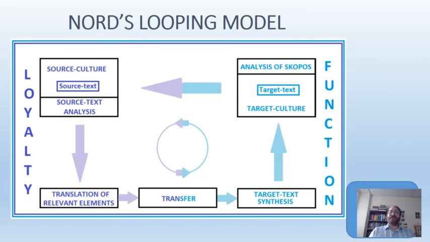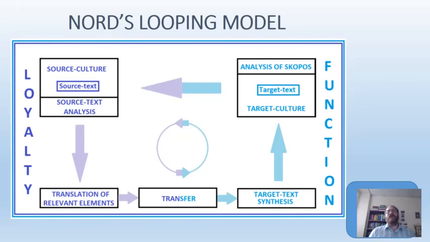Following source text analysis, we end up with a translation of relevant elements. We do a transfer into the target language. We synthesize a target text, which will then be nested within a target culture, and we compare it against the source text for accuracy.